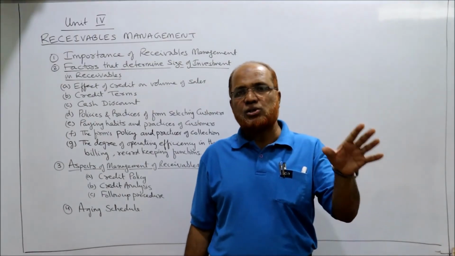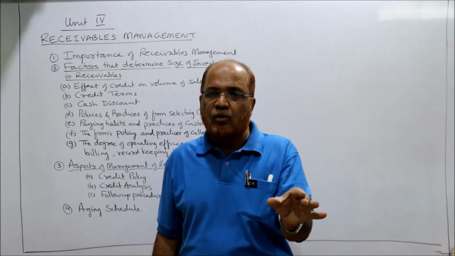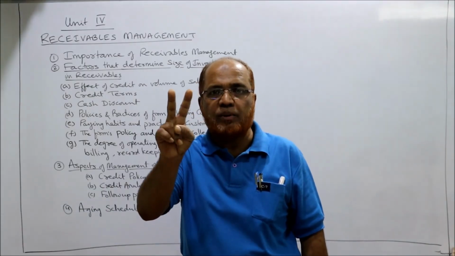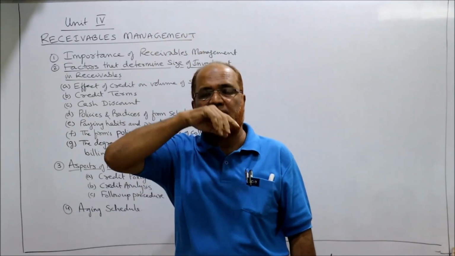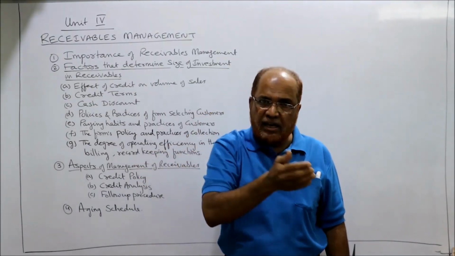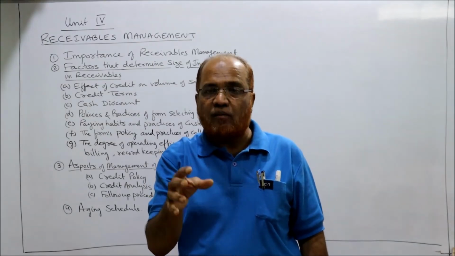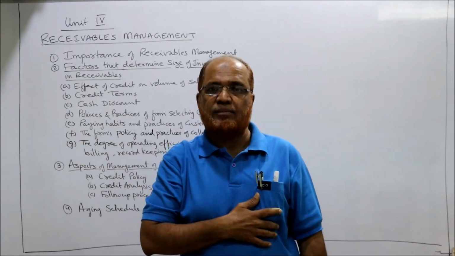In that business also, second business, 10 lakh rupees are the debtors, but in that 10 lakh rupees debtors, only 2 lakh rupees are old debtors, more than 8 months. And remaining 8 lakh rupees are due within 8 months. So what will happen? The bad debts provision will be more in the first.